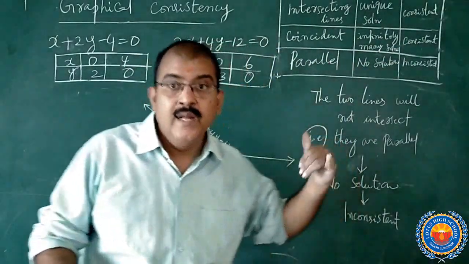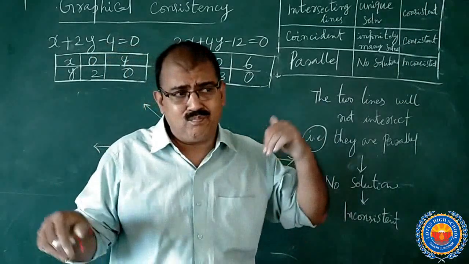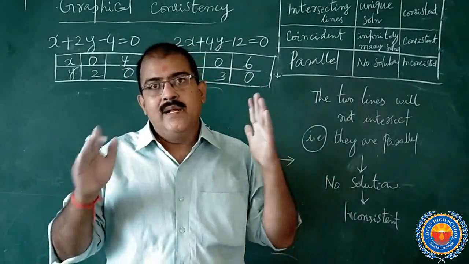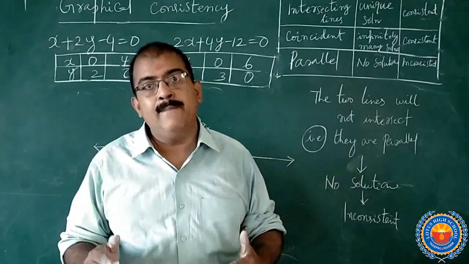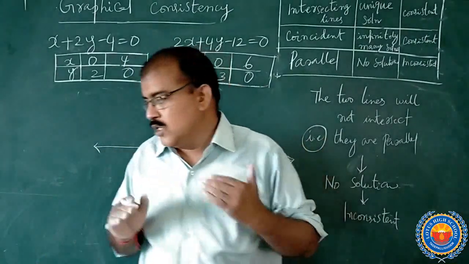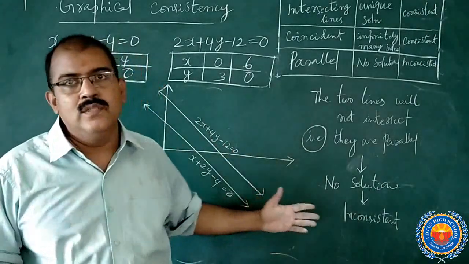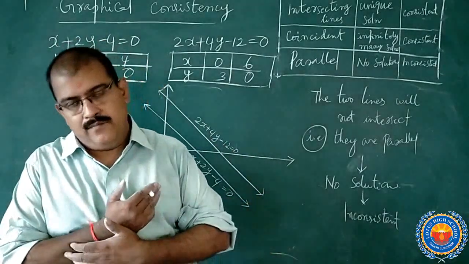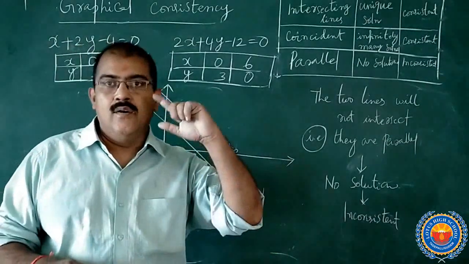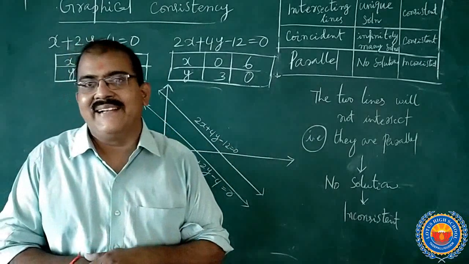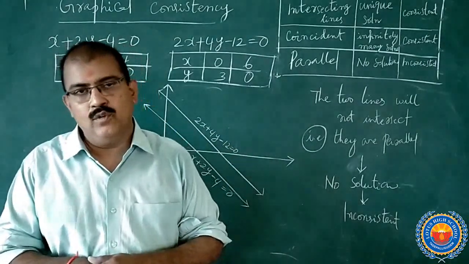This is very very important. Now note down the page numbers. This is a very important topic, consistent and inconsistent. So all of you learn properly. I will send some YouTube links for this video also. Watch those videos and then go for that online assignment. Okay, thank you very much.